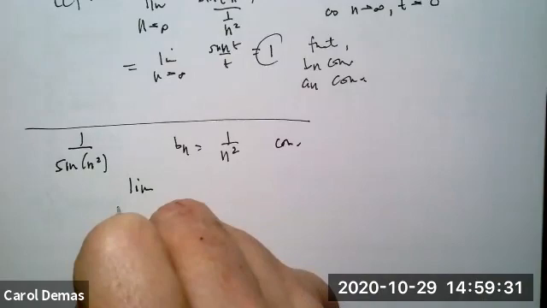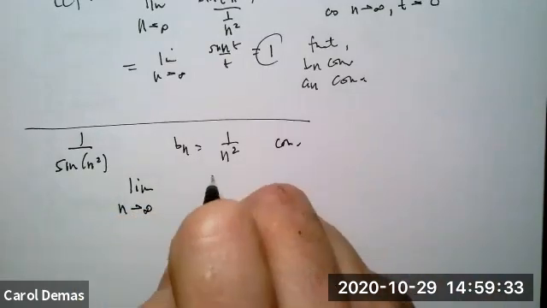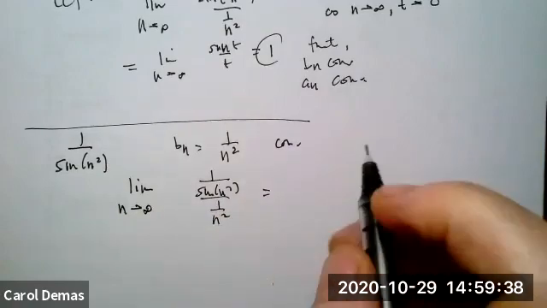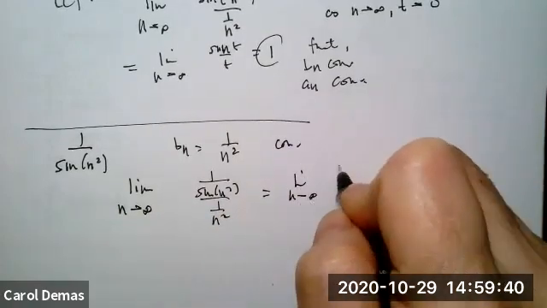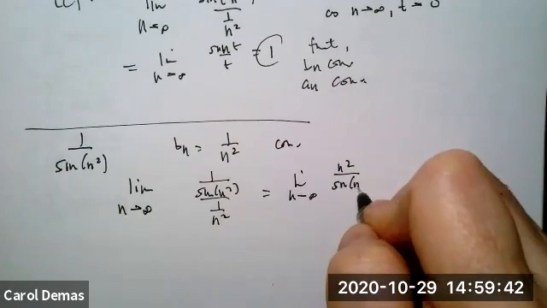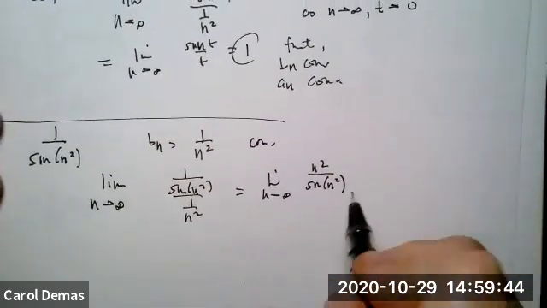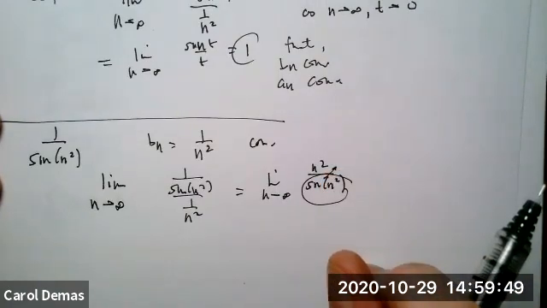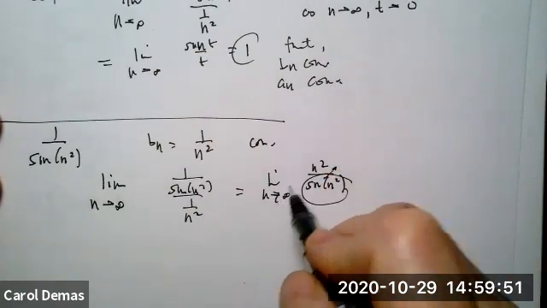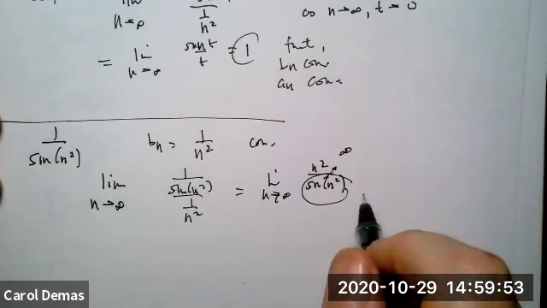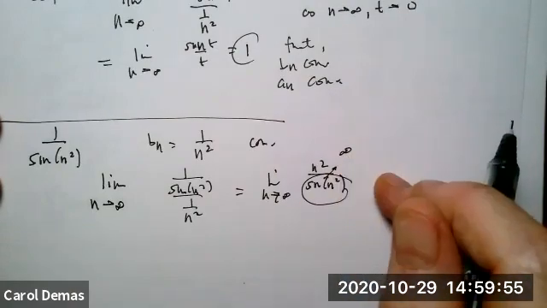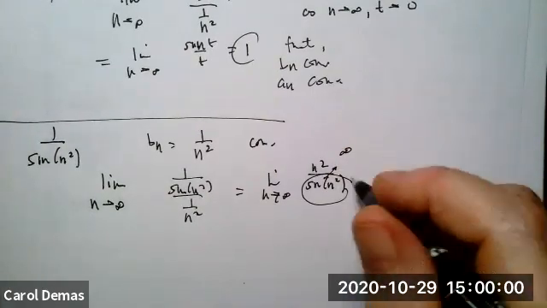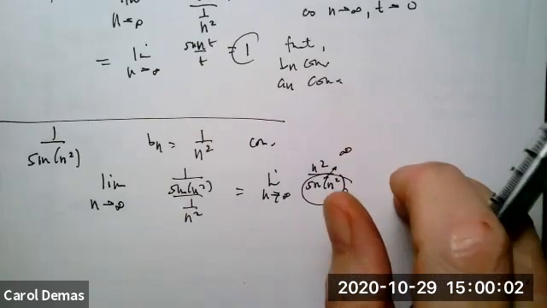So if we do the limit comparison test, we'll have n squared over the sine of n squared. Okay, now you know this is going to oscillate, but where's the numerator going? It's going to infinity, right? But it's divergent. It's an oscillating infinity, actually.